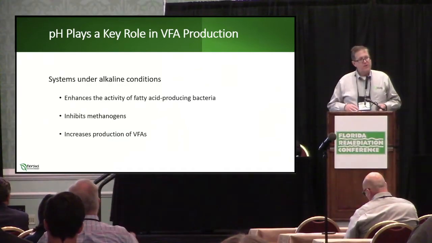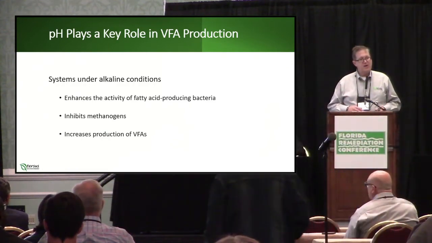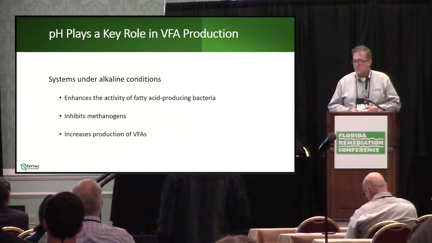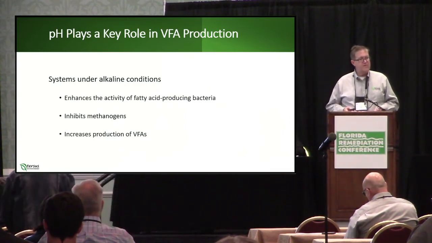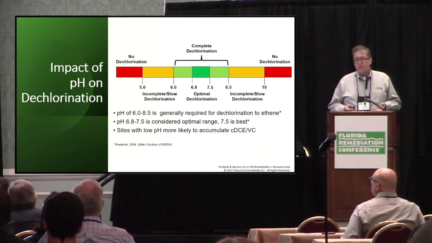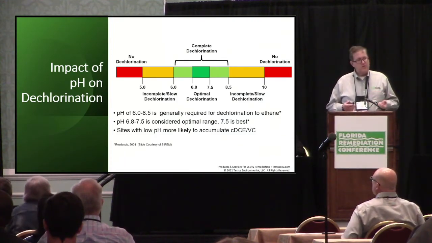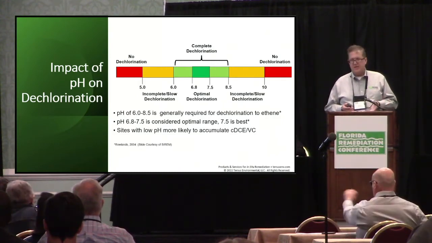We've also seen at sites that under alkaline conditions, we're going to mitigate or inhibit the production of methanogens, and we get greater production of volatile fatty acids. The other issue with pH is that the optimal pH for reductive dechlorination is between 6 and 8.5.